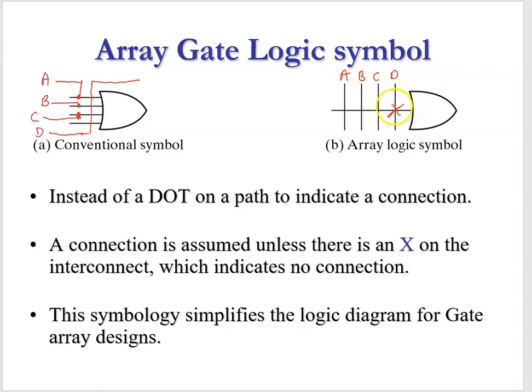Here, if we don't want to connect D, we have to put an X. It's initially all connected. So again, the different symbology signifies a logic diagram for gate array designs.